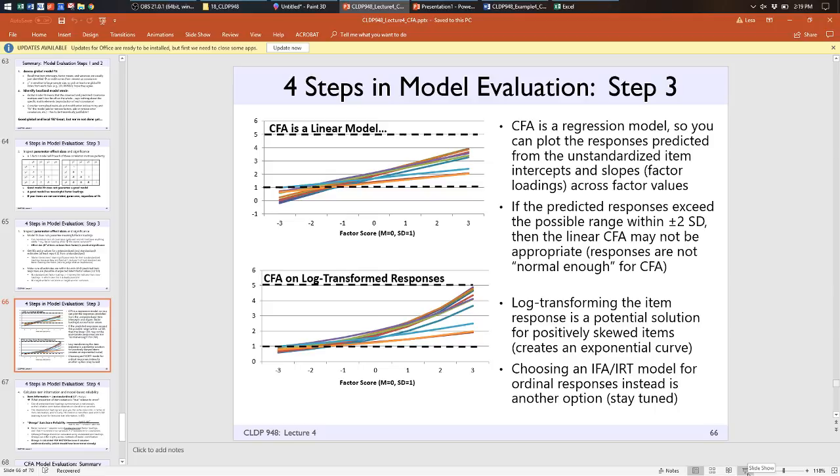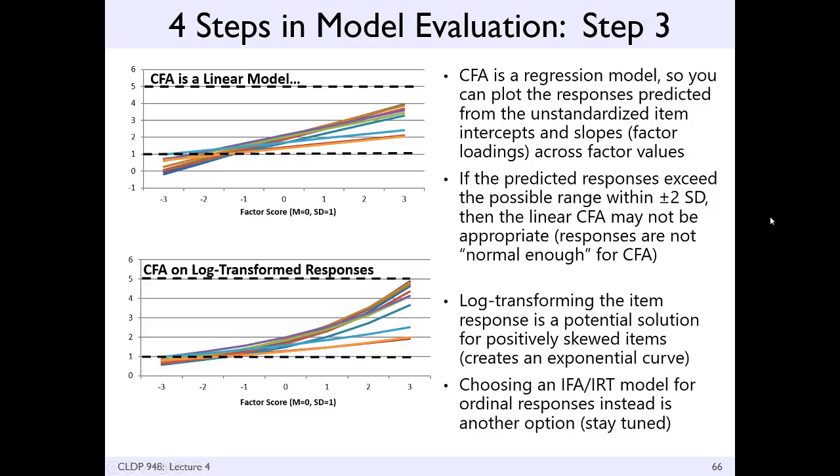Another piece of the puzzle then is whether or not, even if your model fits, a linear model is plausible. So these are pictures that I made from a factor model with real data. It was a scale in which most of the people picked the lowest answers. So it was some sort of deviant behavior thing where it's not very common in the population. And the scale itself goes from 1 to 5.